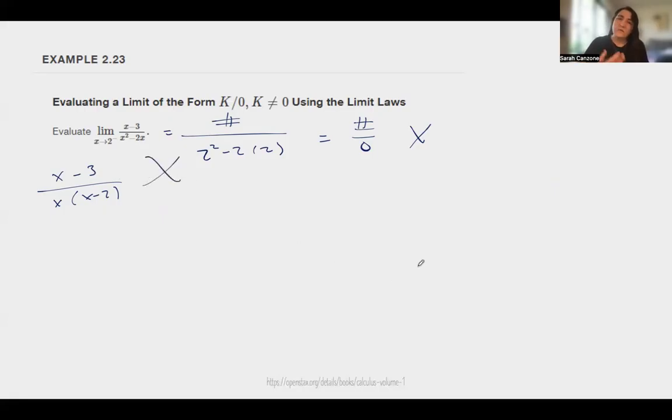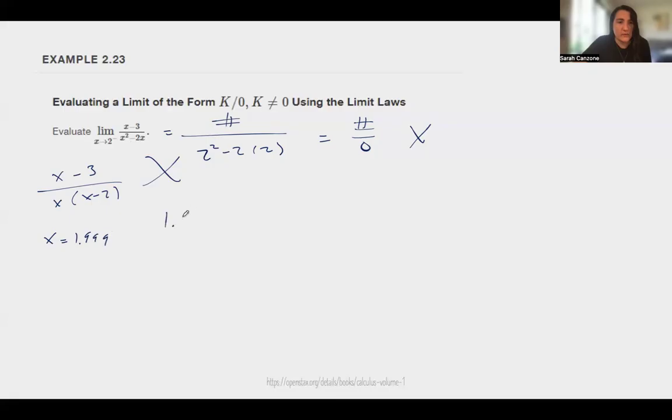Since we're coming from the left specifically, what we can do is plug in a number very, very close to it. So from the left, maybe we choose 1.999. Let's go x equals 1.999 and plug it in.